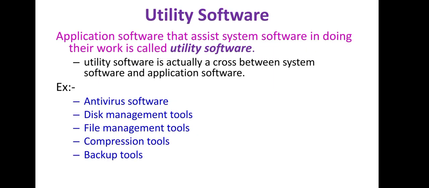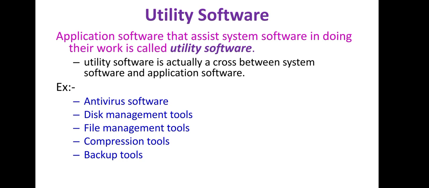And then the last one is utility software. An application software that assists the system software in doing its work is called utility software. Sometimes it may be available, it may not be available, but the system may function.